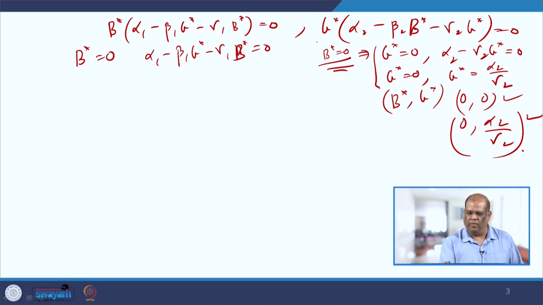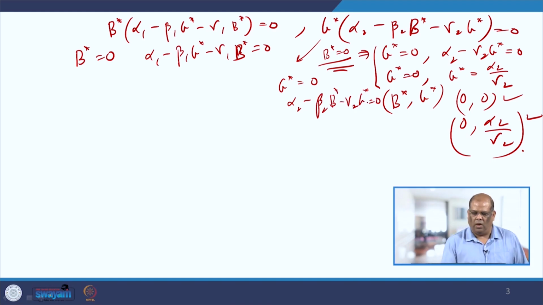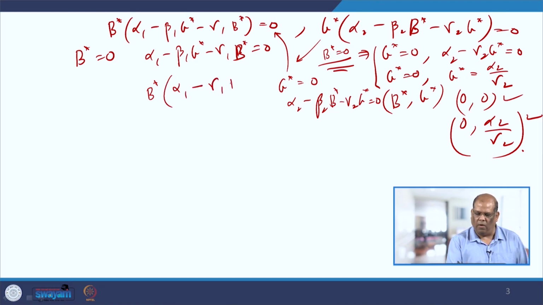Now, from here you have g star equal to 0 and alpha 2 minus beta 2 b star minus gamma 2 g star equal to 0. Now, if g star equal to 0 and you substitute it here, you will get b star times alpha 1 minus gamma 1 b star equal to 0.